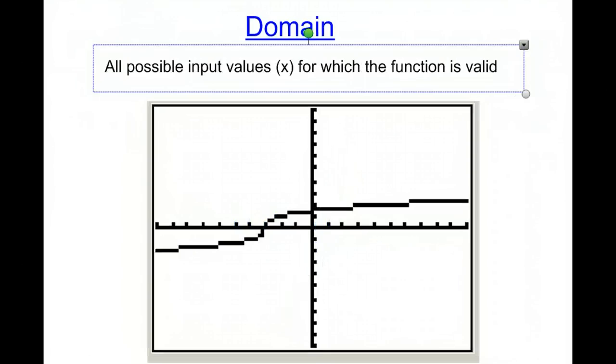And our next graph is shown, has the parent function f of x equals the cube root of x. As you can see, it moves along like so. And there are no breaks or asymptotes, so our domain will be all real numbers.